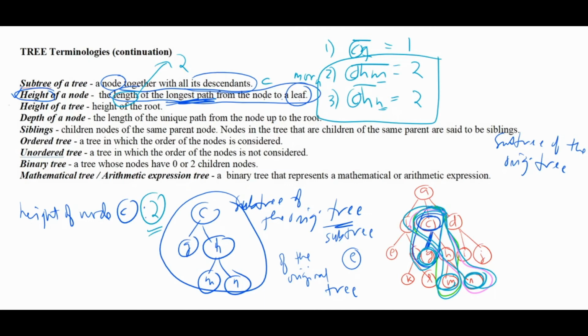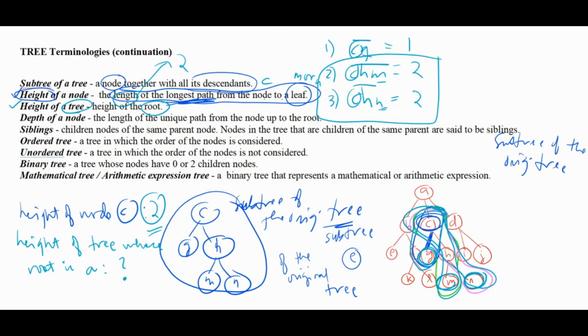Next term we have here is height of a tree. The height of a tree is the height of its root. So what is the height now of the given tree whose root is node A?